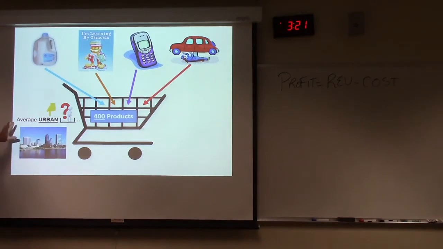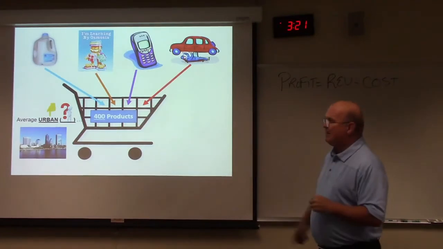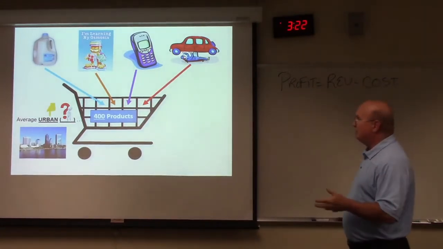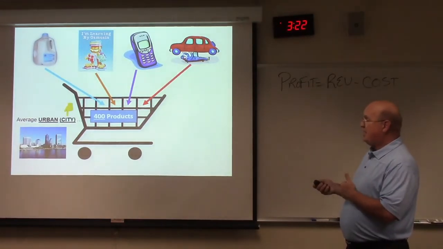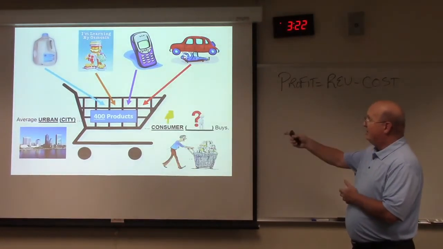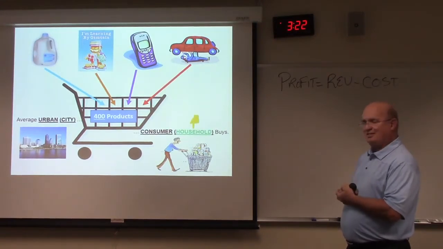Now, the people that we're talking about, the average urban. Now if we're talking about urban, who are we missing? You're right, rural, we're missing all the farm folks. So here we basically have the city and the suburbs. That's it. The average urban city buyer, the 400 products that the household consumer buys.